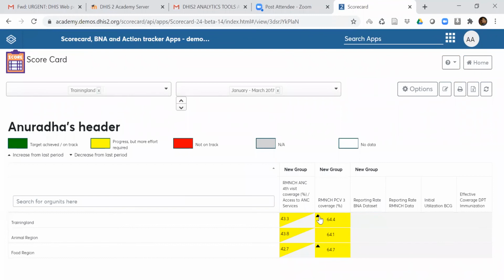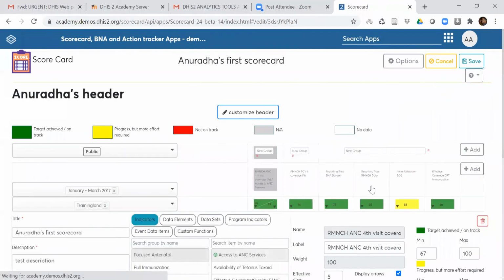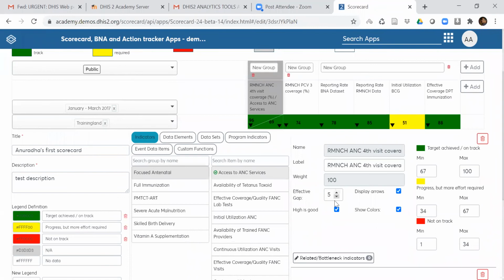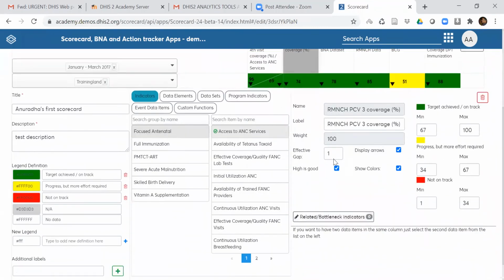So just go and wait here. It shows RMNCH PCV3 coverage has raised by 2.40% from undefined for training land, minimum gap 1. So I set minimum gap to 1. So this is 2.4. Just let me set this to something more than 2.4 here.